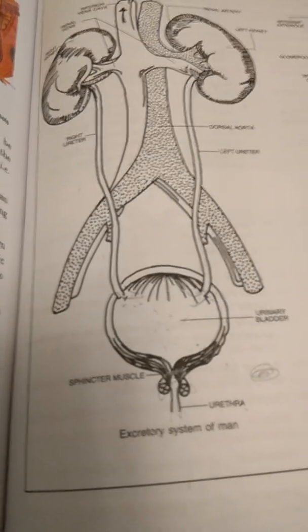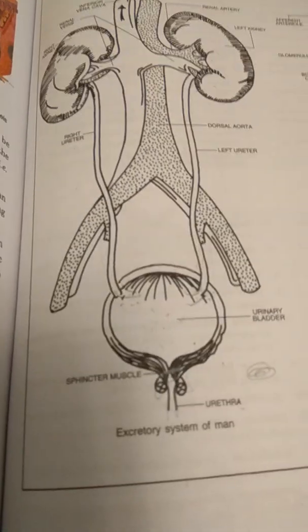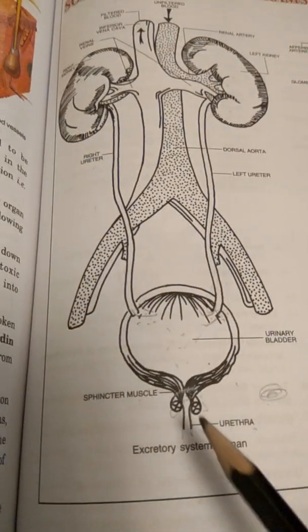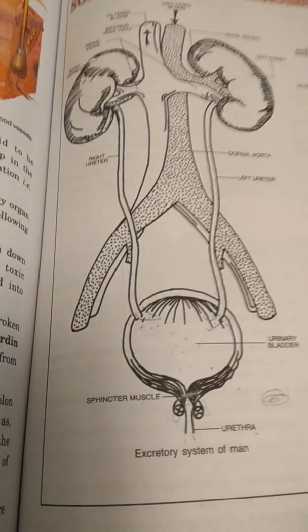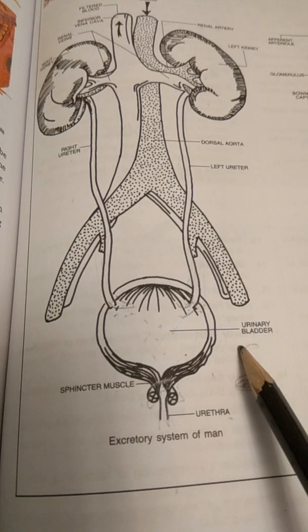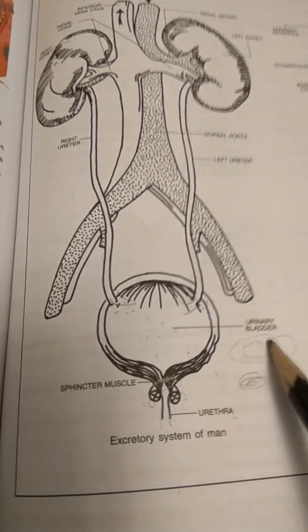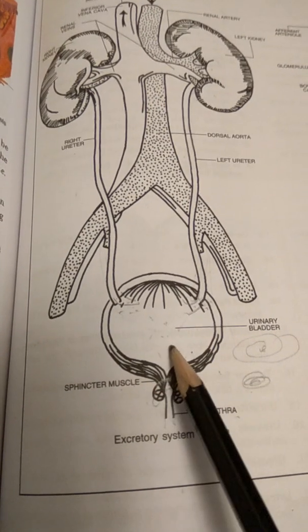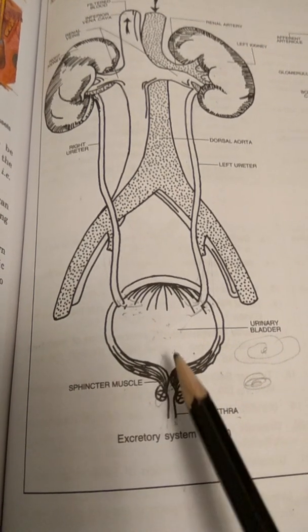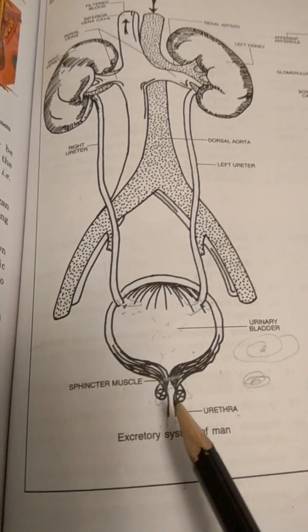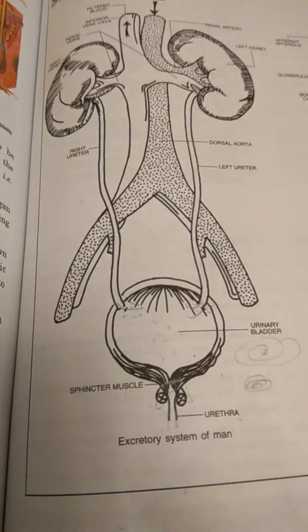Then when the urine has to be passed out, these circular muscles of the sphincter muscle will relax, and the circular muscles, when relaxed, will open the opening between the urinary bladder and urethra, and the urine can pass from the urinary bladder to the urethra, then to outside.